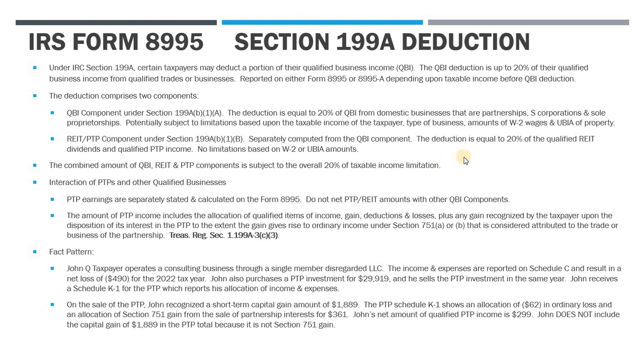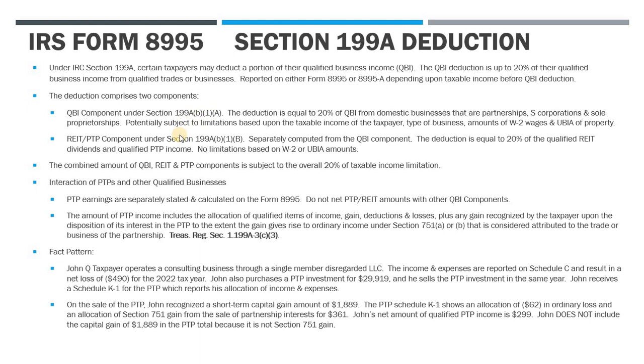So the deduction is going to be 20% of the qualified REIT dividend amounts and qualified PTP income. And the other nice thing is there are no W-2 or UBIA amounts that could apply here to limit the deduction amount. Now, we still have to be mindful of the combined overall 20% taxable income limitation, and we'll look at that when we get to the form as well.